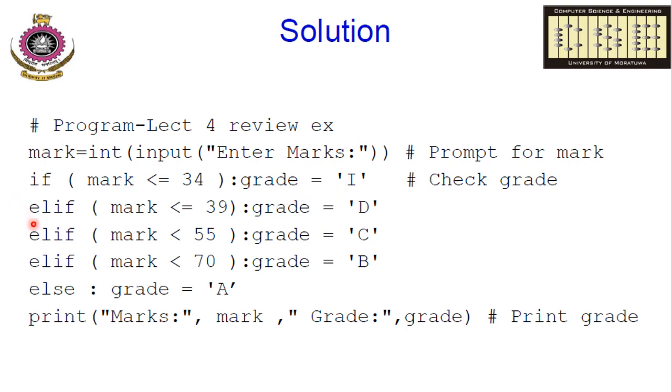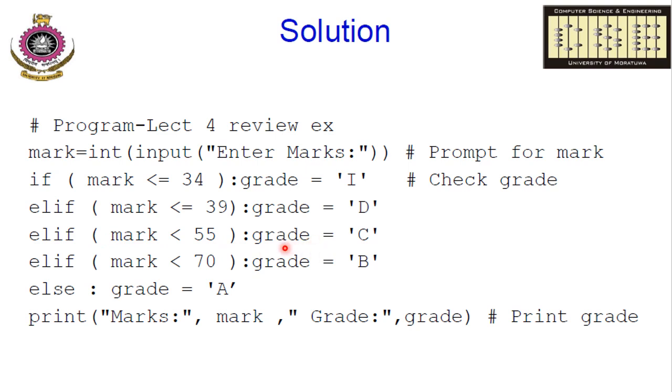In the third line we have an else if statement, elif, which is checking whether mark is less than or equal to 39. If that condition is satisfied, the grade will be assigned D. In the third line, once again we have an else if condition checking whether the mark is less than 55.